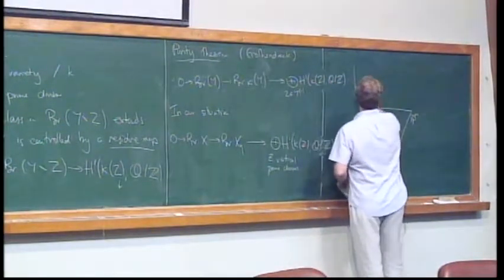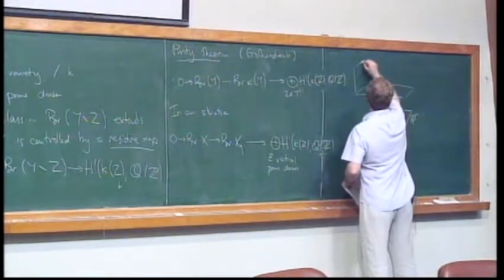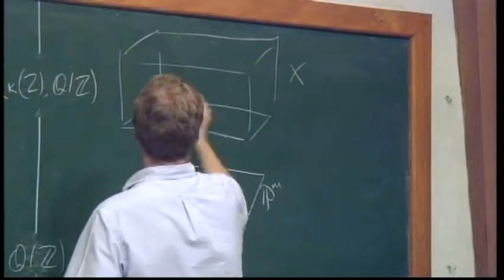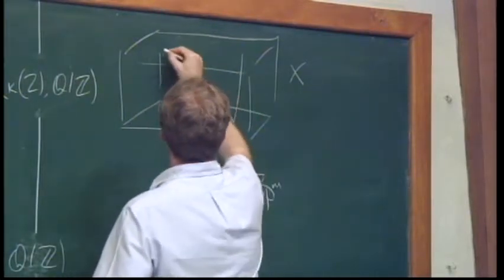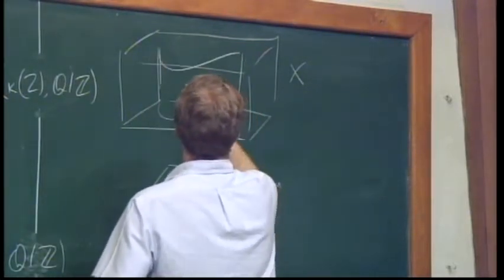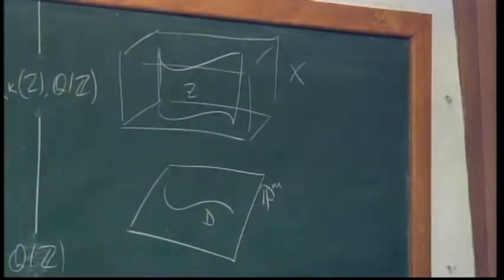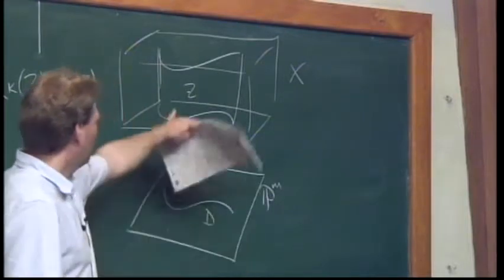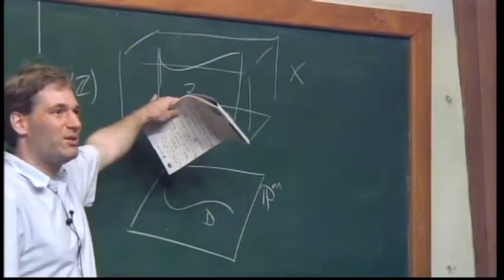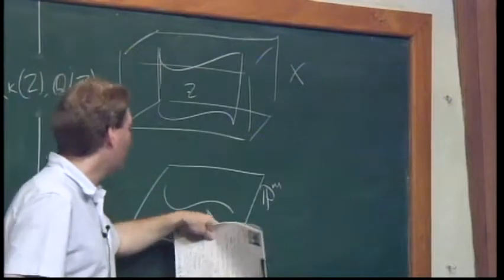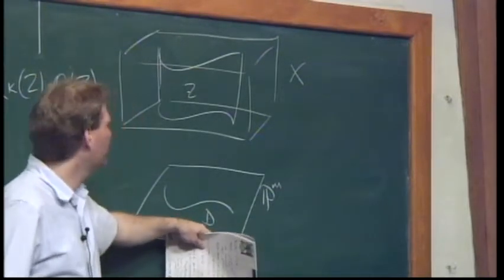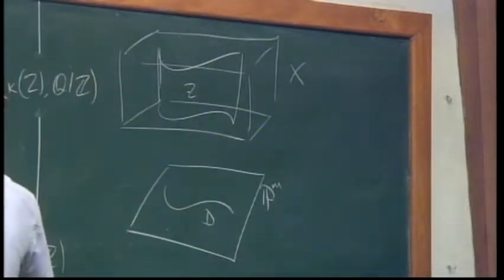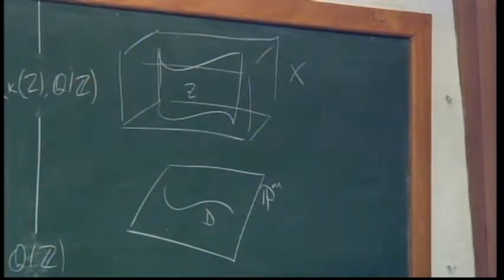And up above, here's X, and up above I have this vertical divisor in X. So I'm really interested in the generic point of Z, the generic point of D, and in the generic fiber of Z over that.